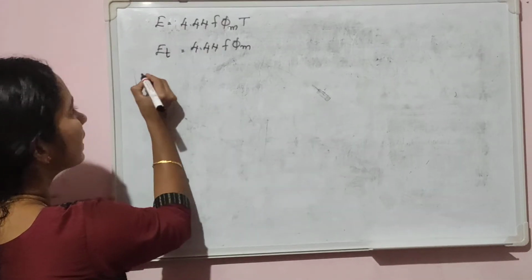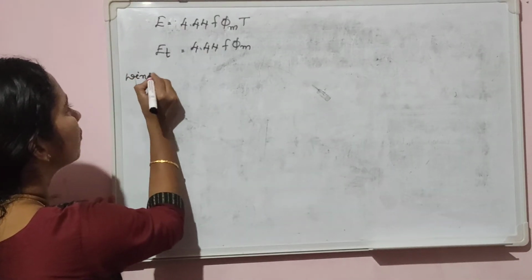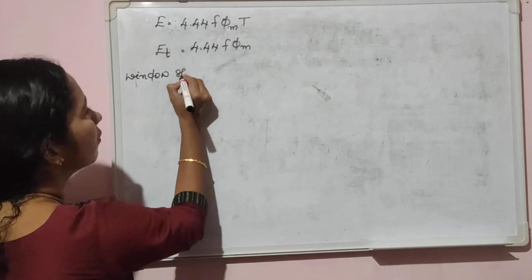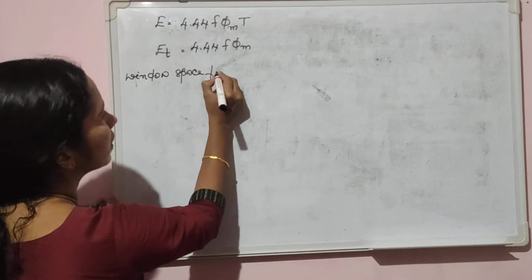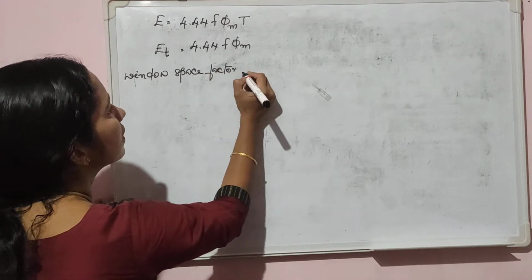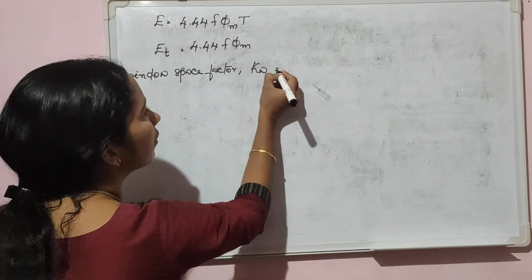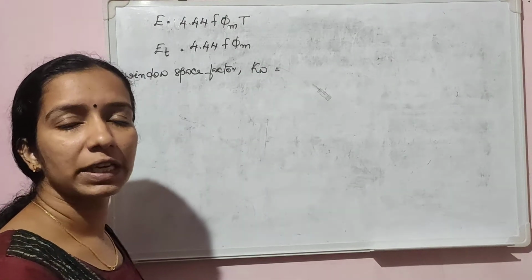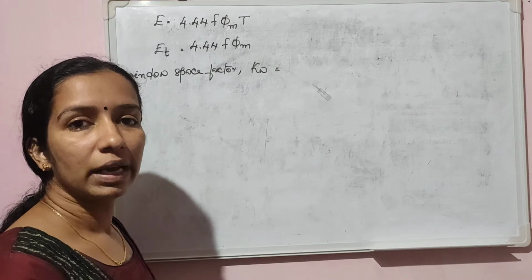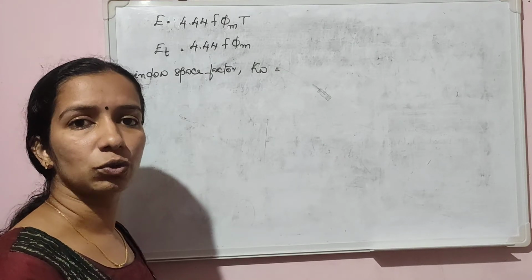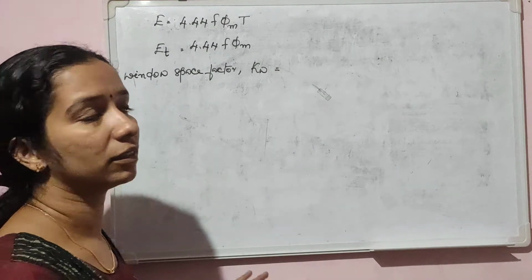So now we have seen a parameter known as window space factor while defining the various parameters. And this parameter window space factor is defined as the ratio of area of conductor in the window to the window area.